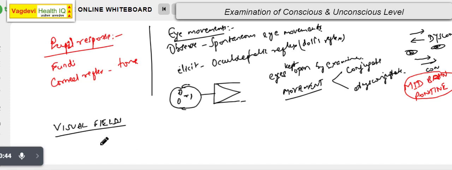But suppose a patient is uncooperative, not able to speak or give any sort of idea, then what will happen? Then the examiner has to detect something called hemianopic field.